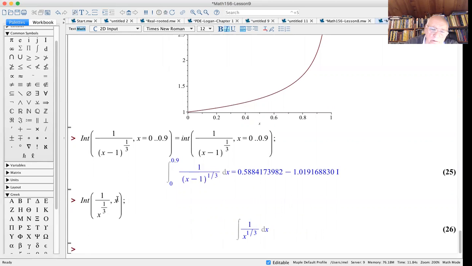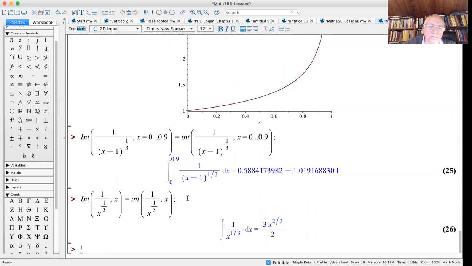And suppose we want to integrate that. Of course, we know what that is. That's the indefinite integral.